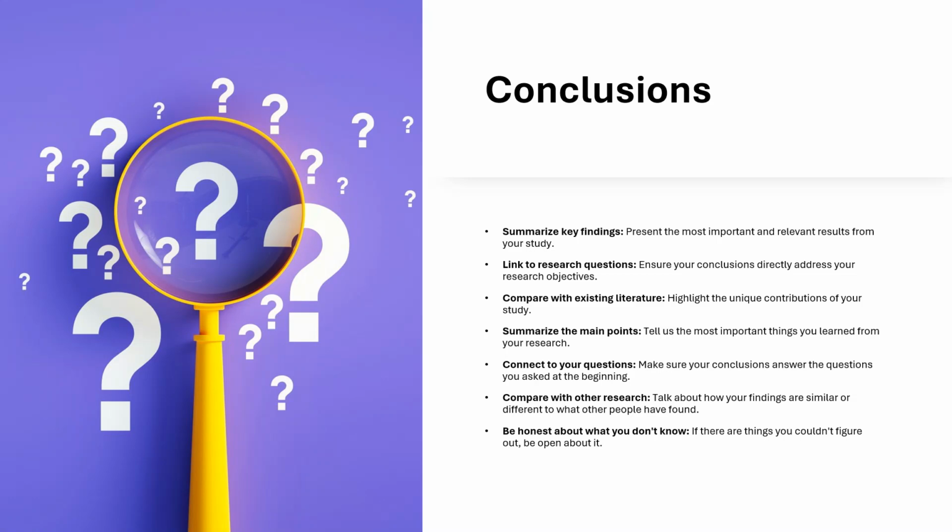If somebody comes along, like your professor or your teacher, and asks you about your conclusions and later on about your recommendations, and you haven't been particularly honest about it, then they might start asking you about things that you really don't know the answer to. So acknowledge your limitations and the study's limitations as a result. So perhaps you ran out of time. Perhaps you didn't think about something that you really, upon reflection, should have done.